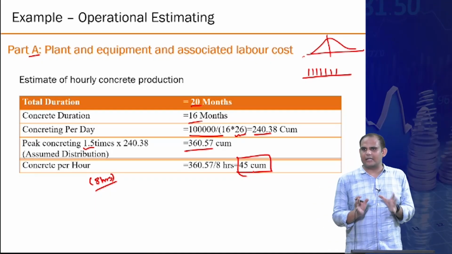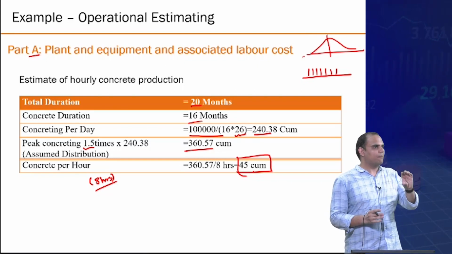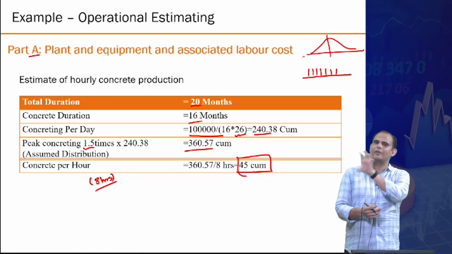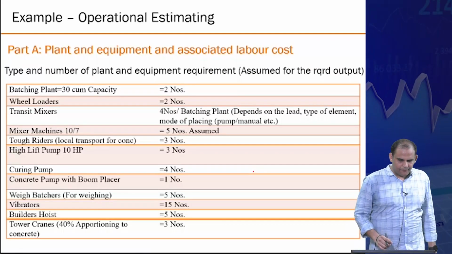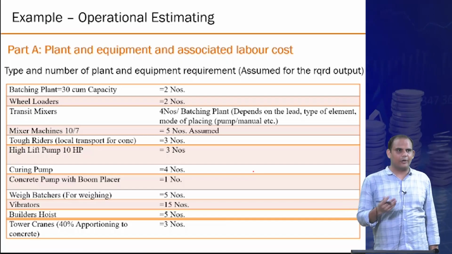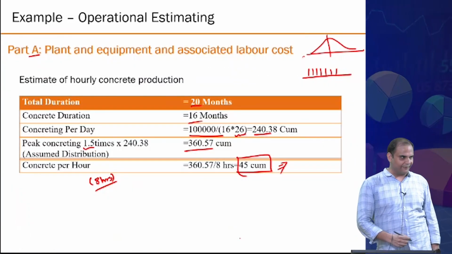Right? This gives you an idea of what is the corresponding number of laborers that you need, what is the corresponding number of equipment you need, what is the number of plants you need, and all those things, right? So here I have given you the list of equipment that you will require in order to serve this demand of 45 cubic meters per hour.